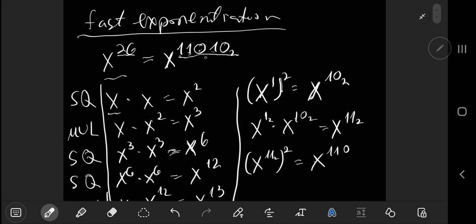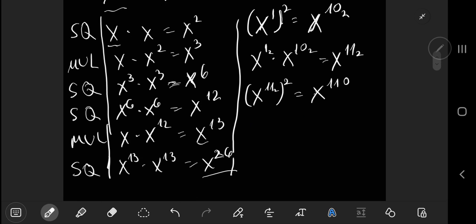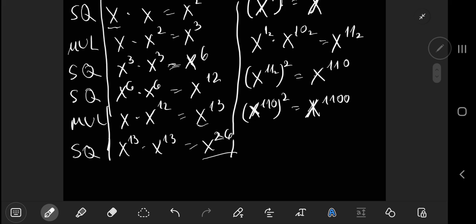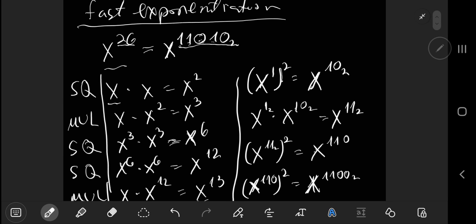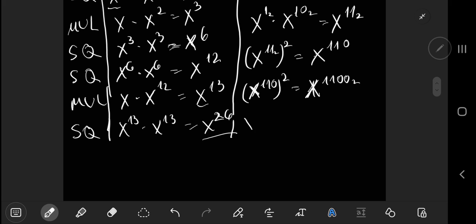Now the next thing, I want another 0 and then convert it to 1. So I need another squaring, so I take x to the power of 1 1 0 squared, getting x to the power of 1 1 0 0. This is again base of 2. Now I want to convert the last 0 to 1, so it's x times x to the power of 1 1 0 0.